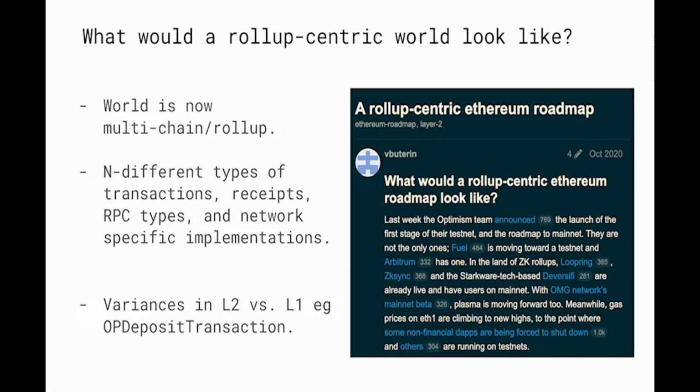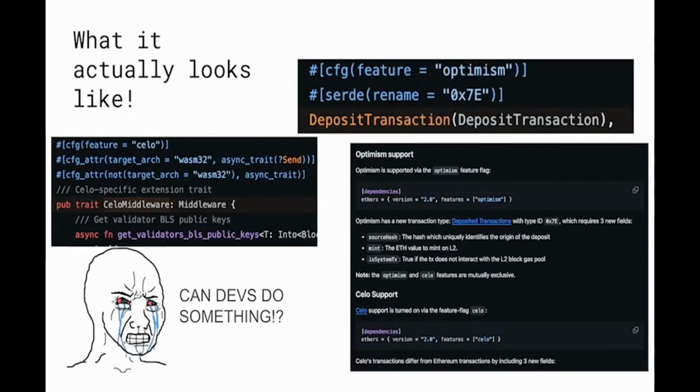While it looks like a very vibrant ecosystem from the outside for users, with billions in DeFi TVL, and Farcaster, decentralized social, and everything, it can be a difficult experience for developers, since all these stacks and networks have N different transaction types, receipts, and network-specific implementations. So what it actually looks like is this.